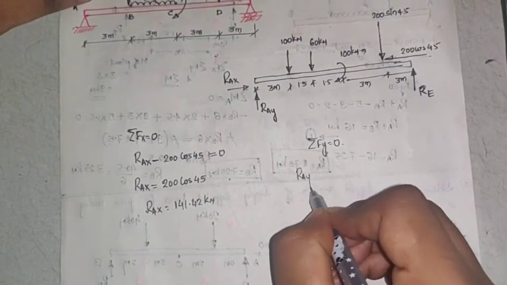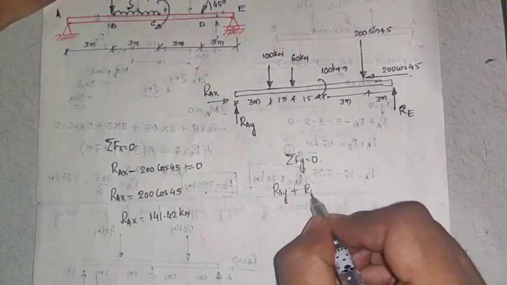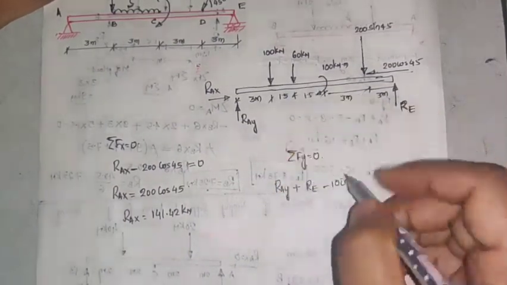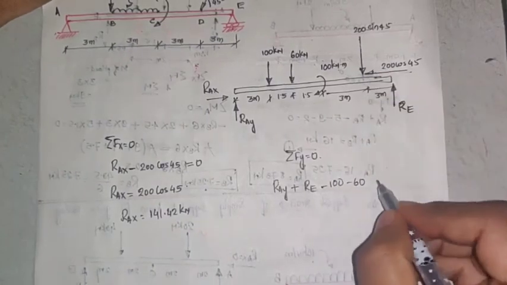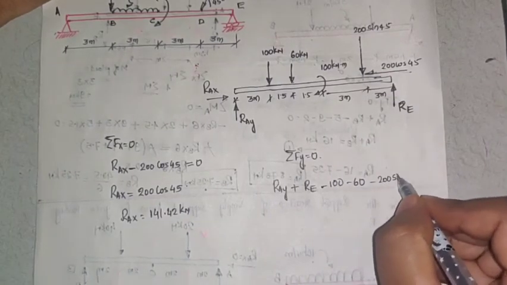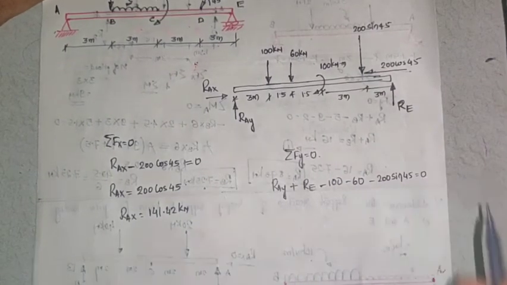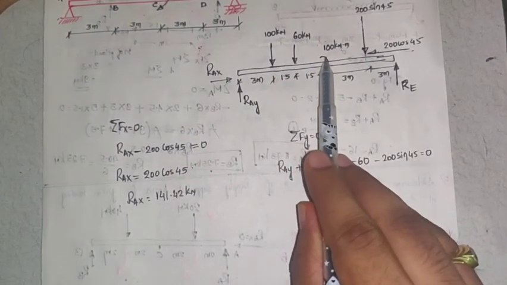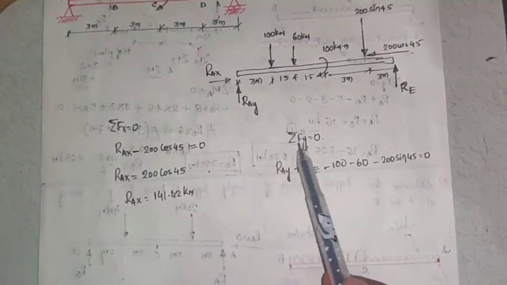Then the next condition of equilibrium, summation Fy equal to 0. So RAY acting upwards plus RE acting upwards, then minus 100, minus 60, minus 200 sine 45 equal to 0. If you observed carefully, I have nowhere considered this 100 when using Fx and Fy.